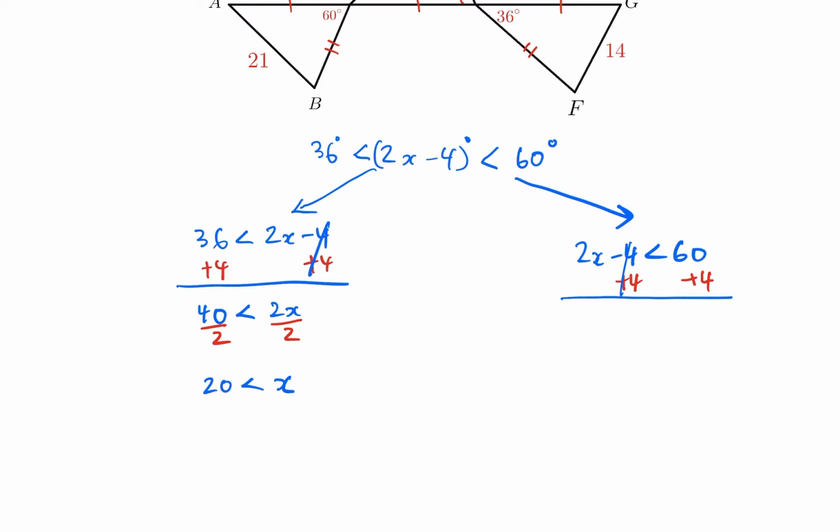And when we do, these cancel out, and we get 2x is less than 64. And then finally, we want to get rid of this 2 and make it 1. We want x by itself, so we do that by dividing both sides by 2. And we find that x is less than 32. So then we put both of these together. x is greater than 20, and it needs to be less than 32.